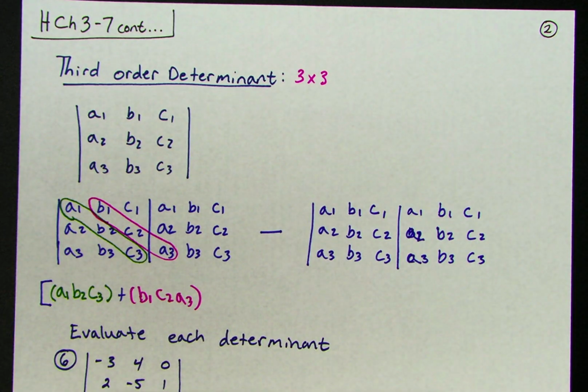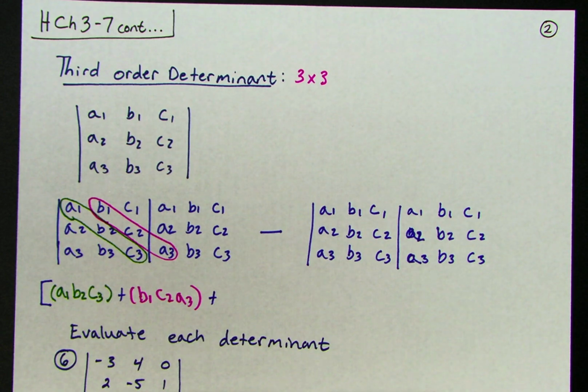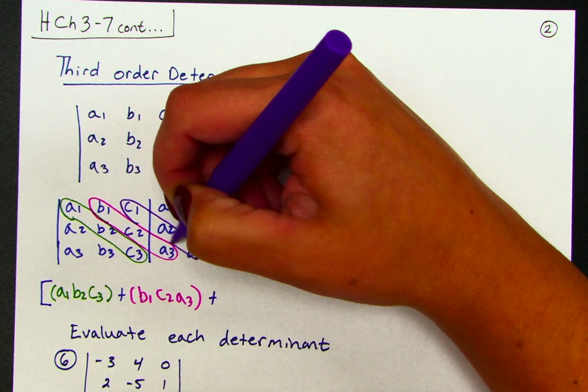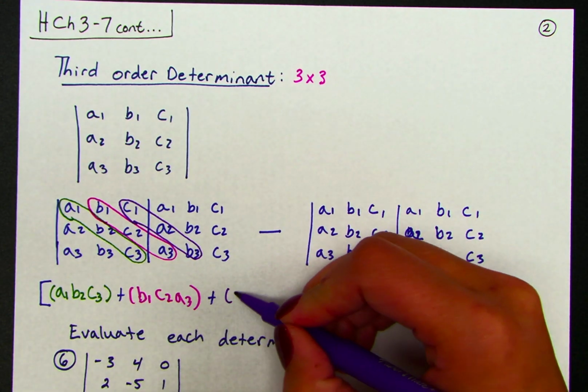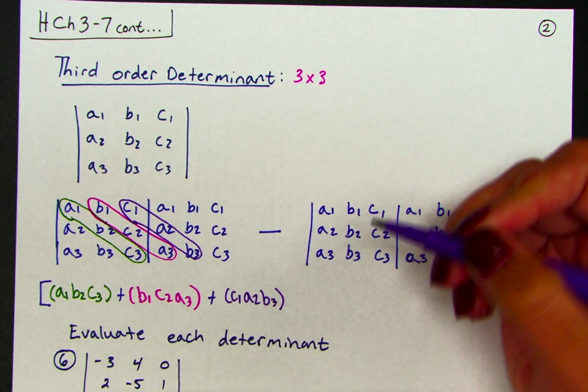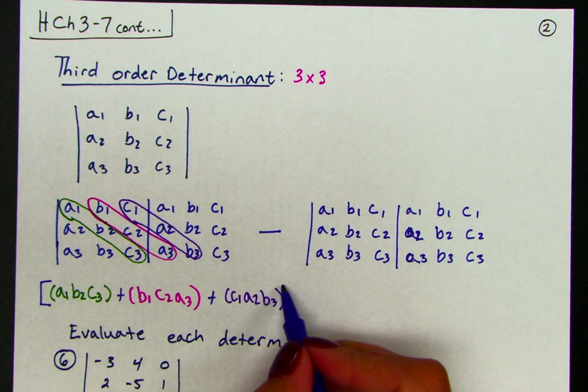And then we have our third diagonal. Again, we're adding in between. So again, going up, we have to multiply C1, A2, and B3. So C1, A2 times B3. And then I'm going to close my big bracket.